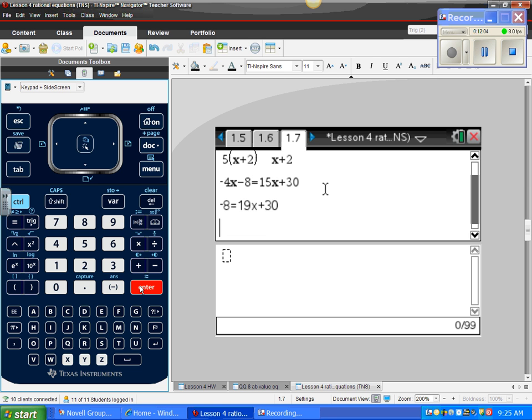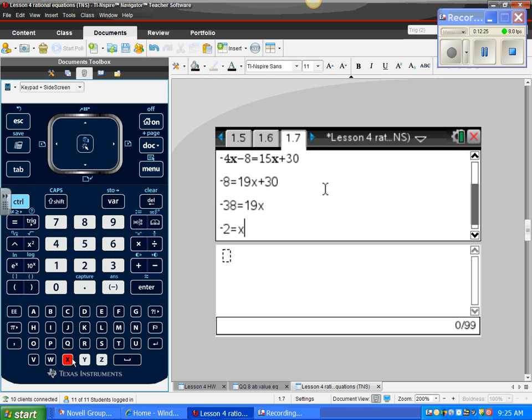Okay, so now what am I going to move? Good, subtract 30. So negative 8 minus 30 is negative 38 equals 19x. Okay. Divide, so we get negative 2 equals x. Perfect.